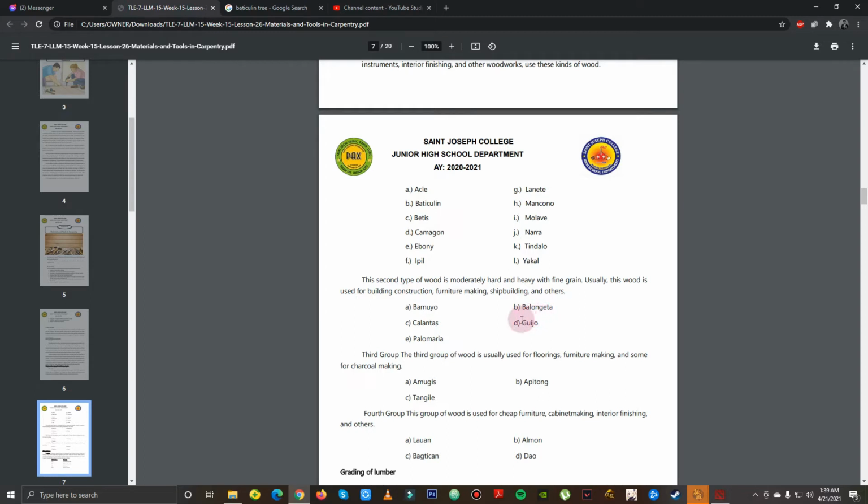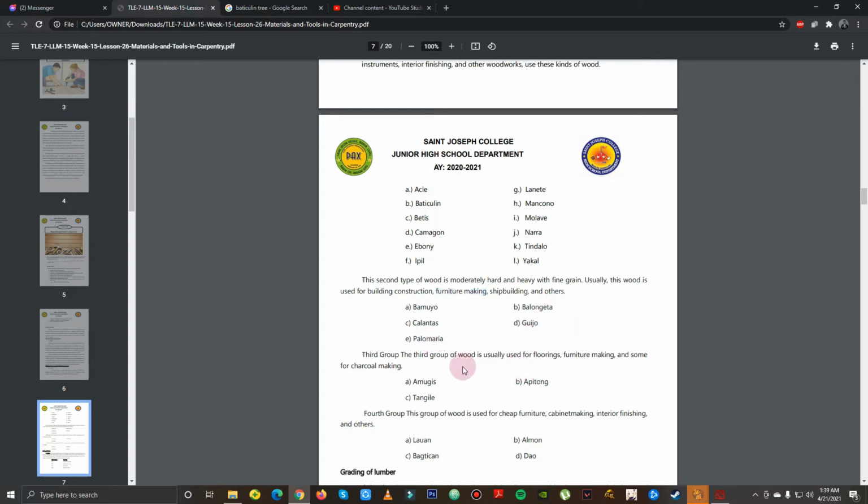So the second type of wood is usually used to build houses, construction, and shipbuilding, means paghimo og mga pambot, mga ships, and also furniture making. Okay, so mas sturdy gyud ni nga second type of wood, which are bambuyo, kalantas, palomaria, balonggeta, at guyo.